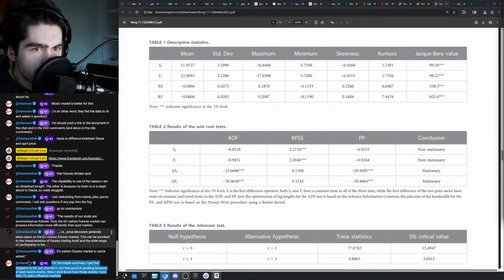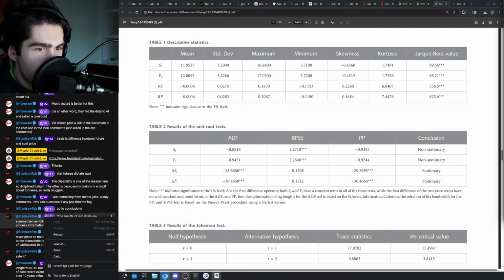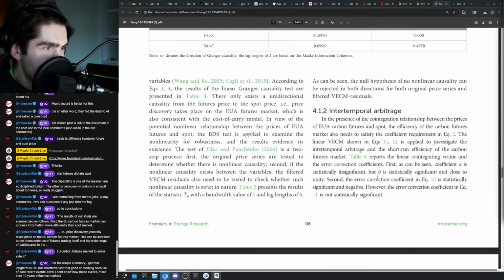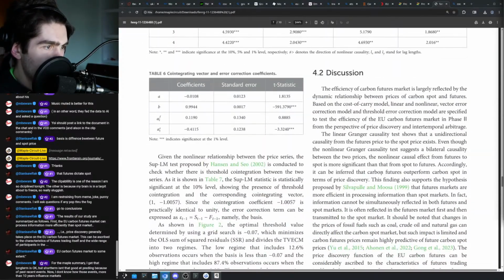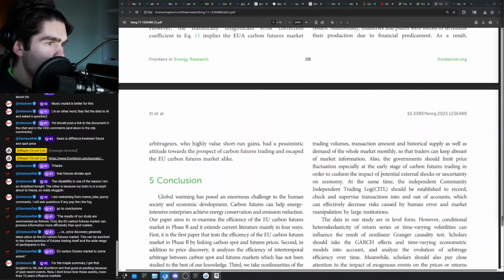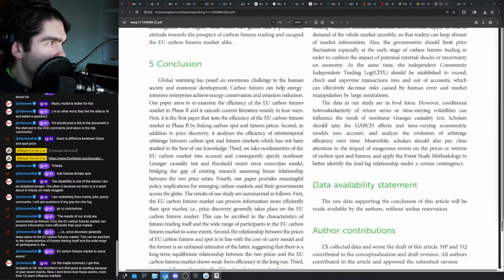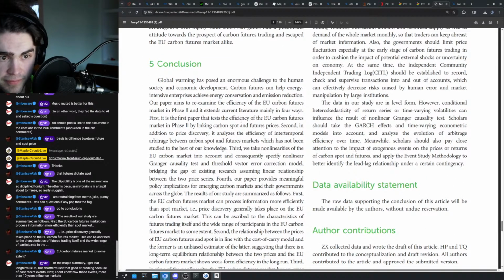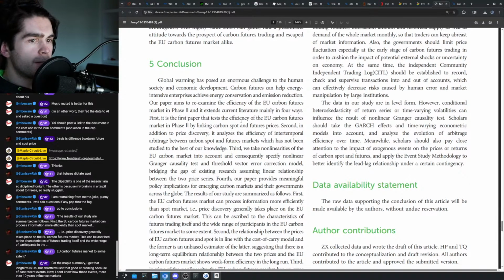I'll read this. Is this written? You're quoting right now? I want to find it in here so that we can read the whole thing. Conclusion. Okay. All right, I'm in. Oh, okay.